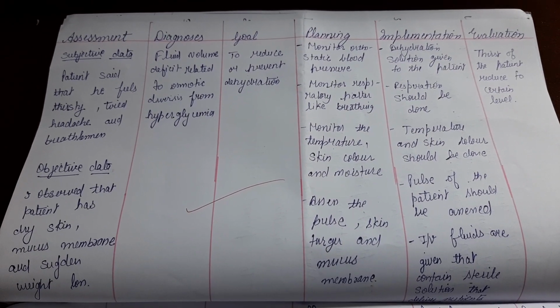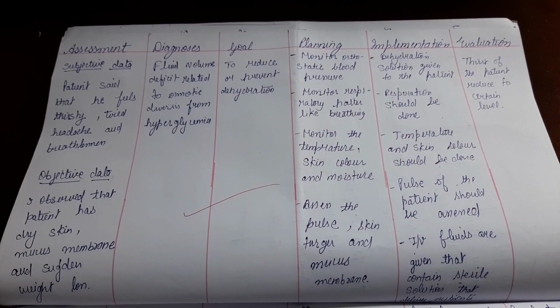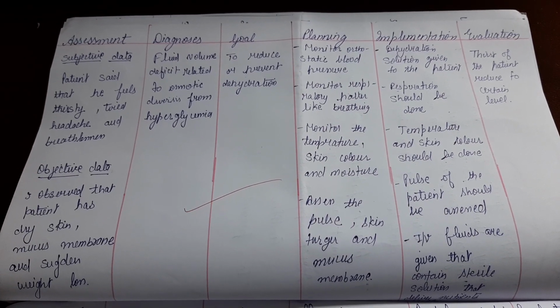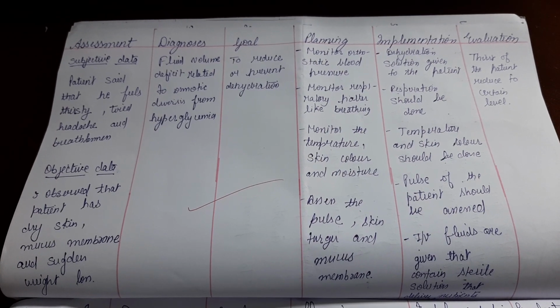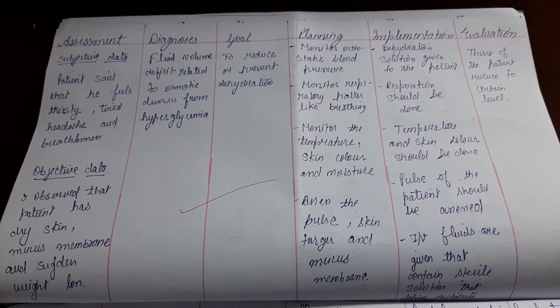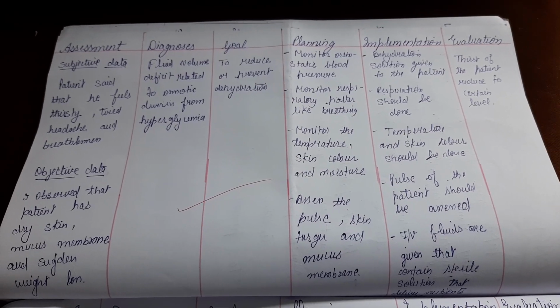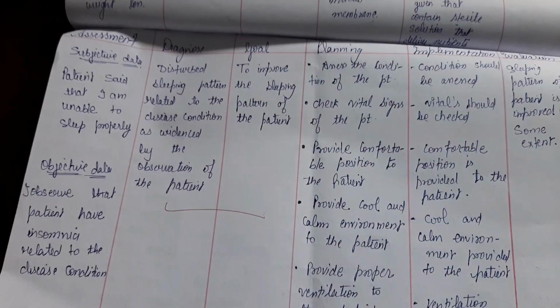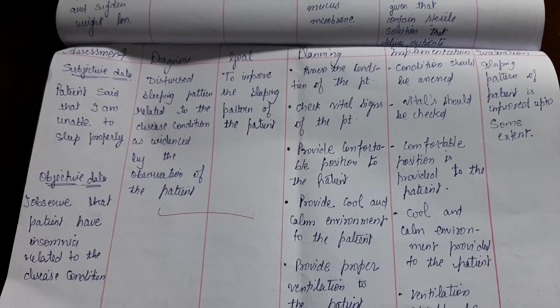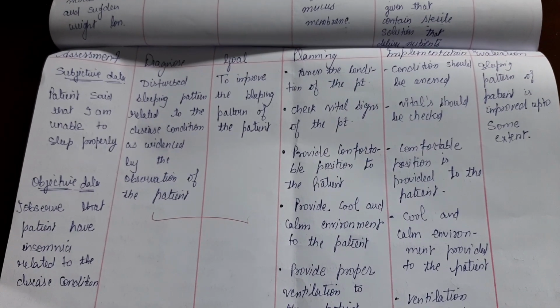The fluid gets rid out of our body. That's why the patient may suffer from dehydration or a deficiency of fluid. So the nurse should take care of the fluid intake. Output of the patient must be checked so that there is no dehydration in the patient due to the excessive fluid loss.